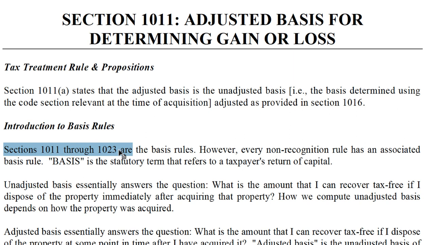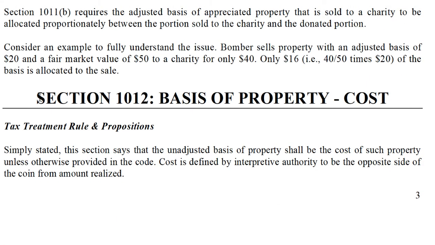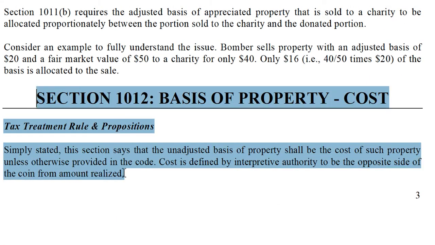Well, the only one you really need to know about in this class is Section 1012, which says cost basis, which basically says that if you buy something, whatever you pay for the item, that is the cost basis. So if you pay $500 for your laptop, your basis in your laptop is $500.